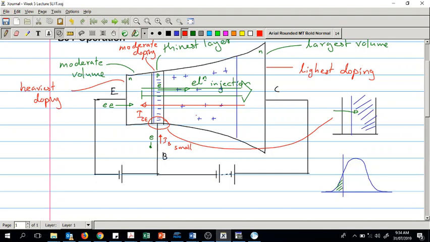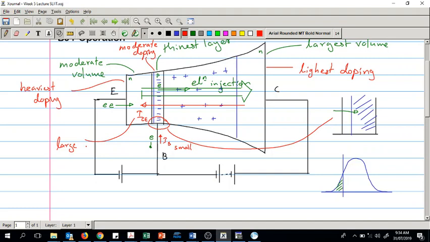This is a large value, right? That's a very large value. So that's the operation of the BJT.